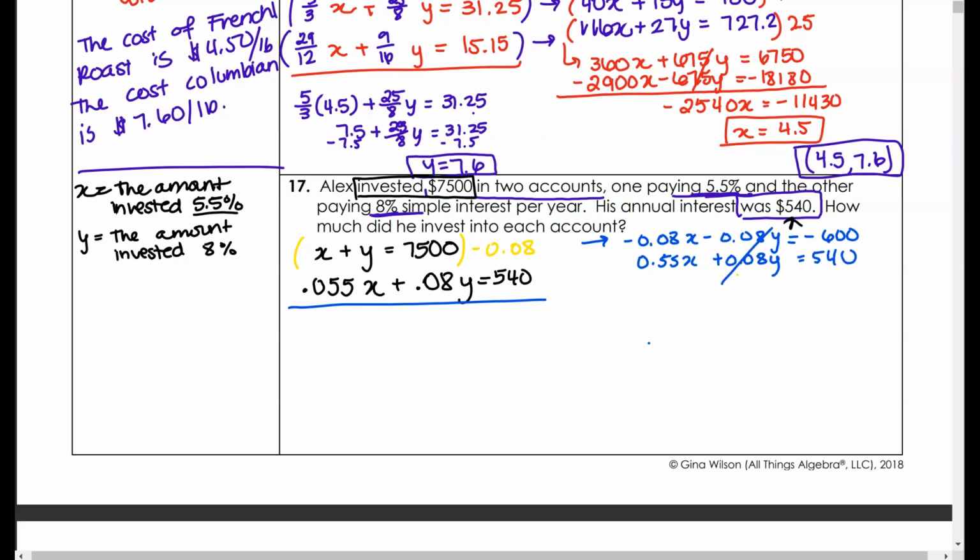Notice our y's go away, and so we're going to add up our x's, and so we end up with negative 0.025.